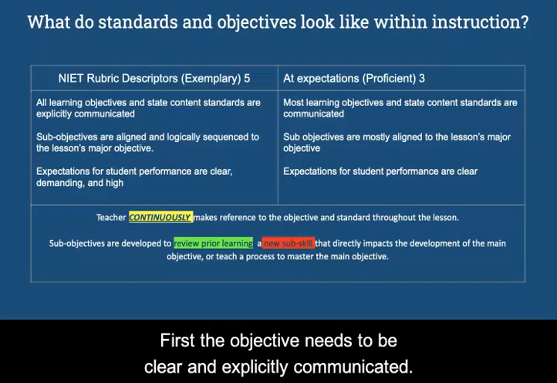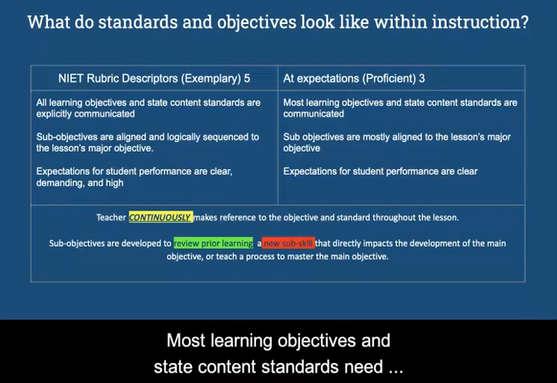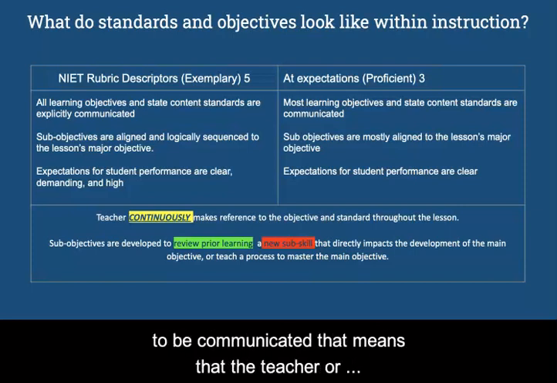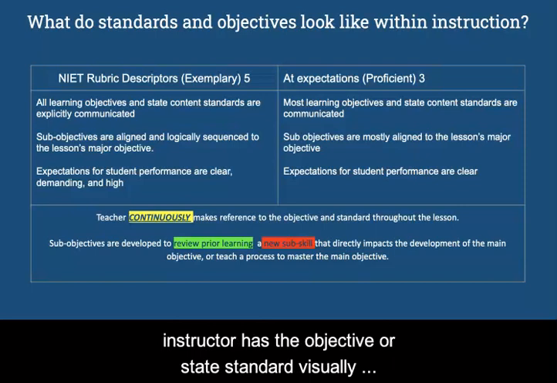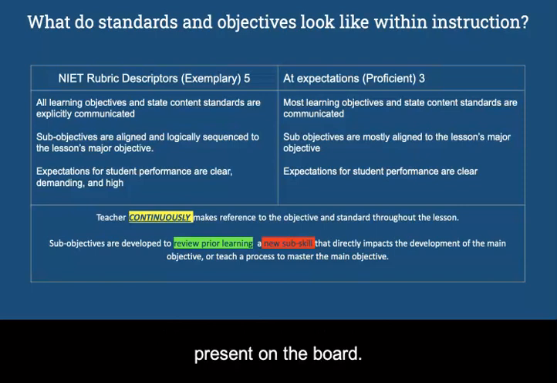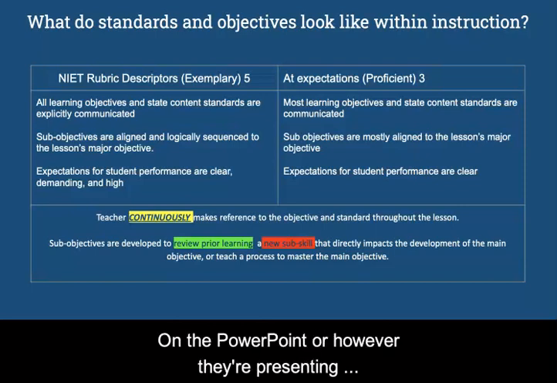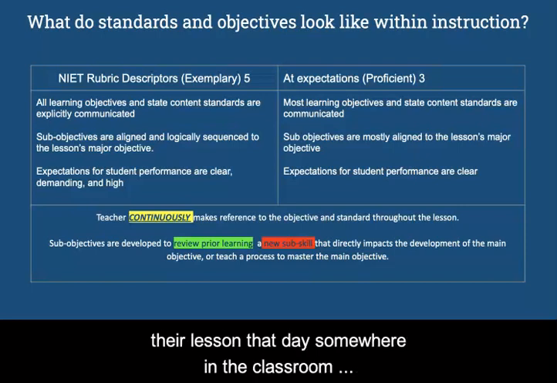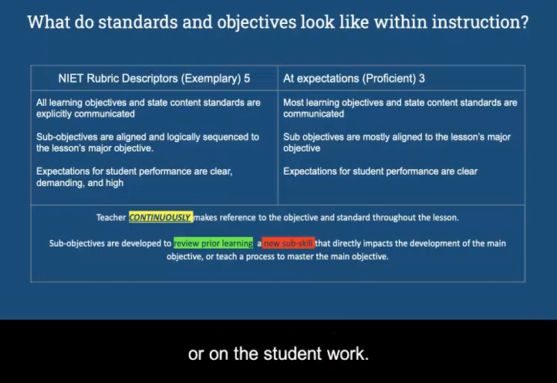First, the objective needs to be clear and explicitly communicated. Most learning objectives and state content standards need to be communicated. That means that the teacher or instructor has the objective or state standard visually present on the board, on the PowerPoint or however they're presenting their lesson that day, somewhere in the classroom, or on the student work.